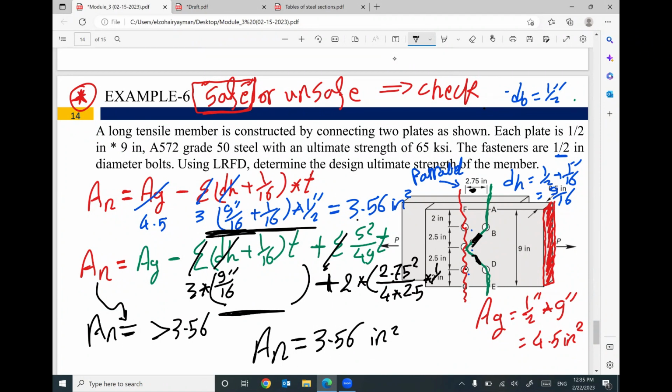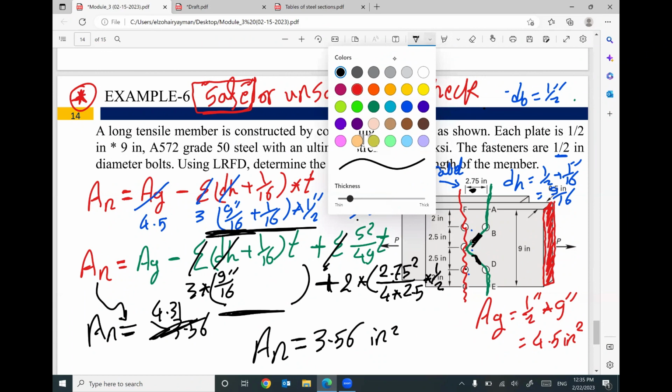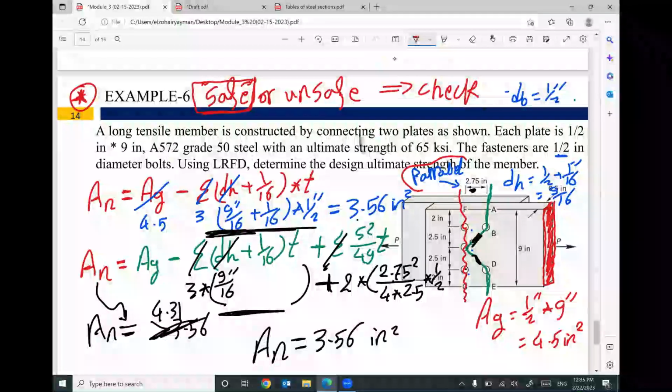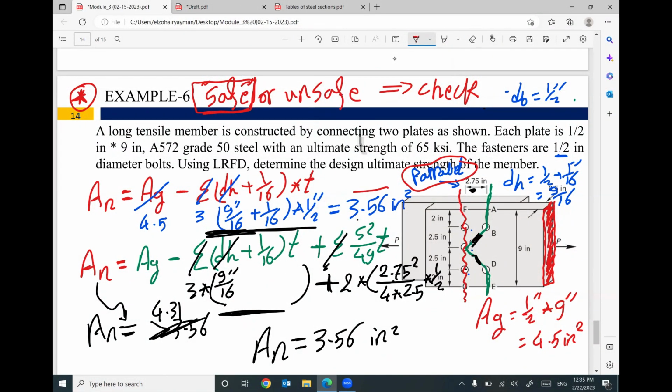Times thickness is 1/2. Your answer will be 4.31.